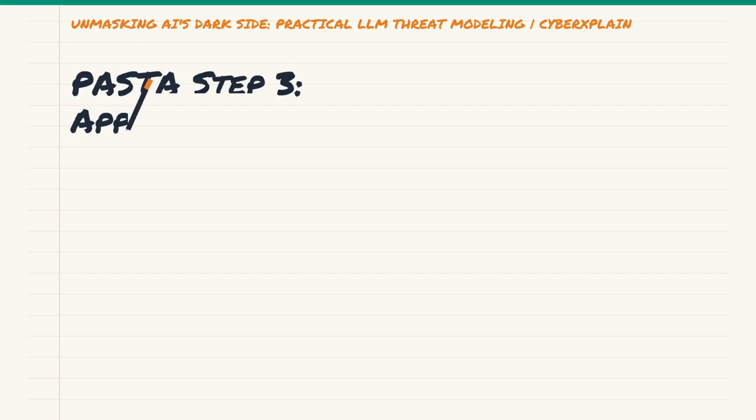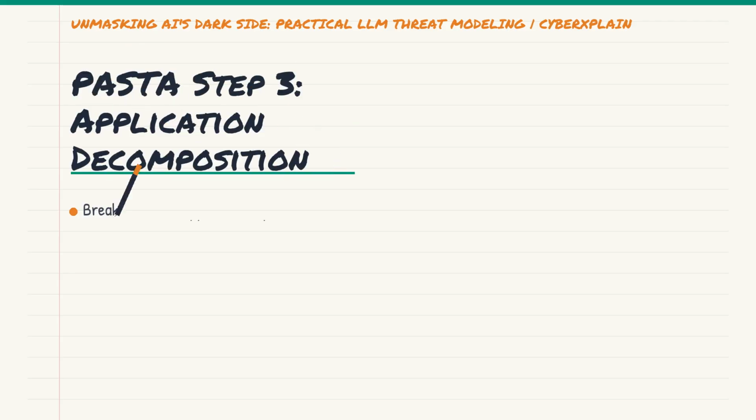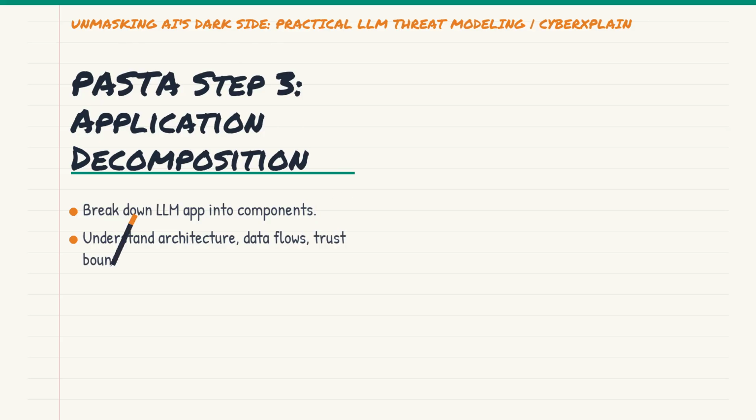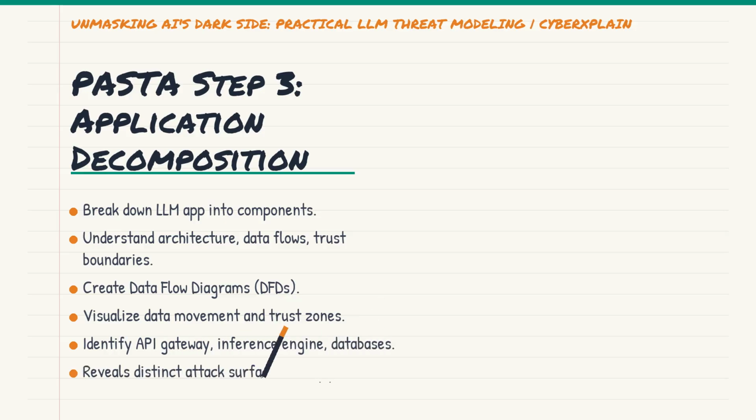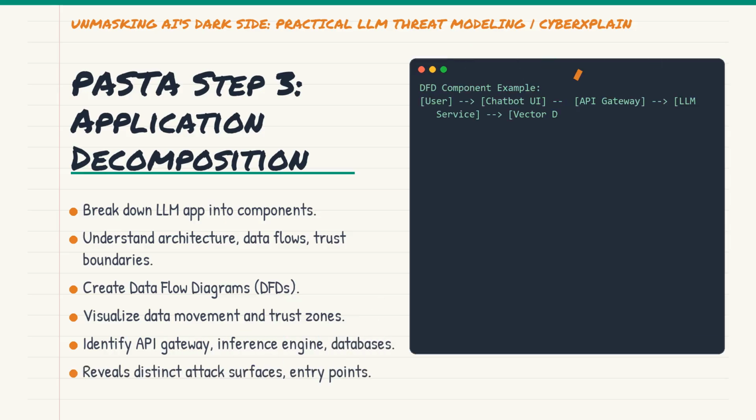Now we get technical with application decomposition. This step involves breaking down your LLM application into its constituent parts, understanding its architecture, data flows, and trust boundaries. You'd typically create diagrams like data flow diagrams, DFDs, to visualize how data moves between components, where trust is established, and where potential entry points or points of failure exist.